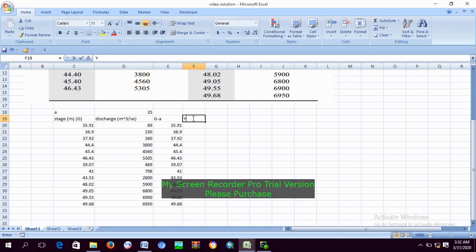So y is equal to log Q. Sorry, it is not this.